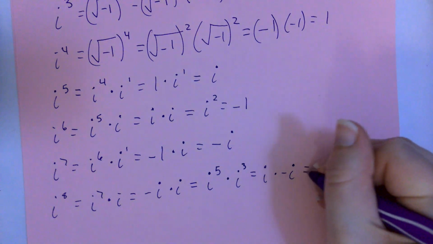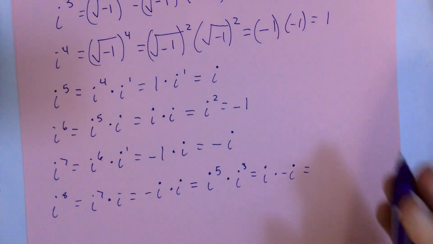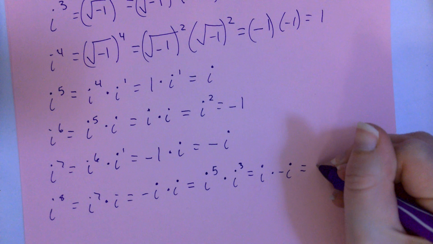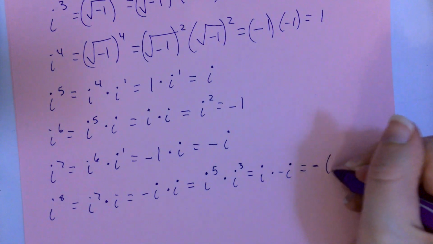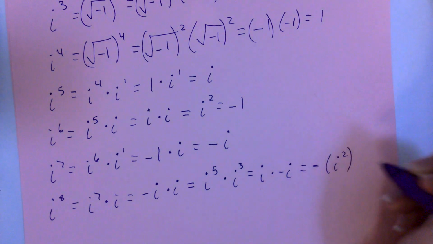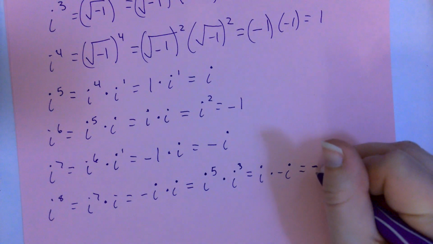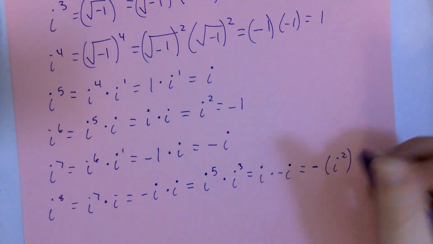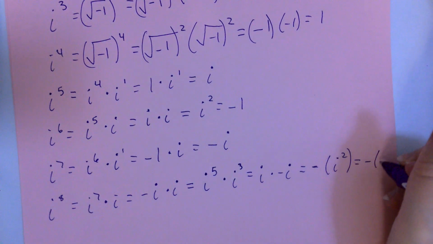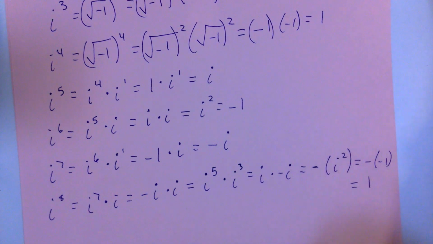But then remember, i times i is i squared. So we have the negative outside the parentheses, and i squared gives us -1. So that's 1.